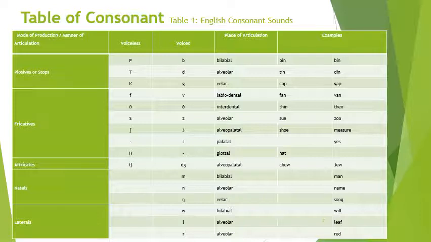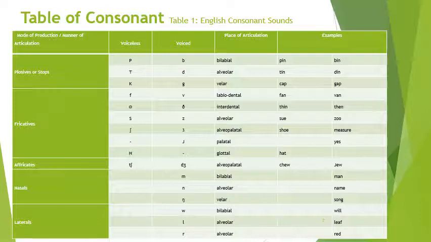And in the second column, we have voiced and voiceless, that is, the state of the glottis, whether the vocal cords are compressed in the course of producing a particular sound or not. When they are compressed, we have produced a voiced sound. When they are not, that is, they are flat, we produce what is called a voiceless sound. And the second to the last, we have place of articulation.